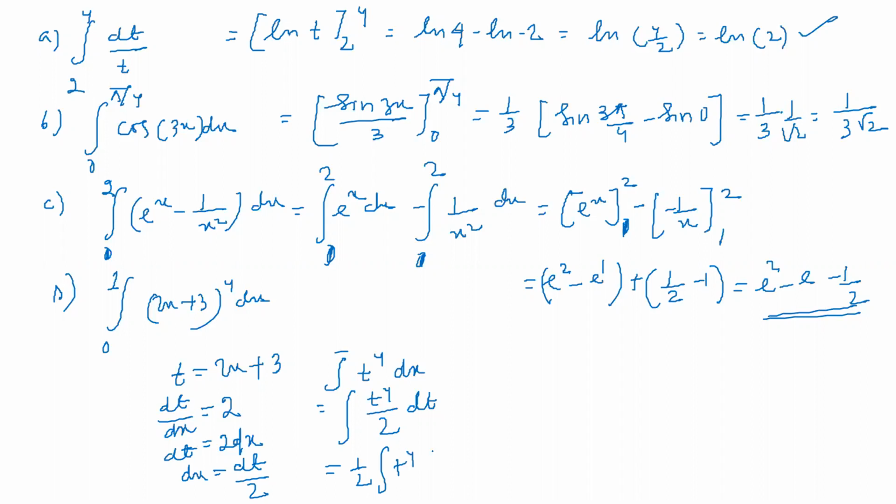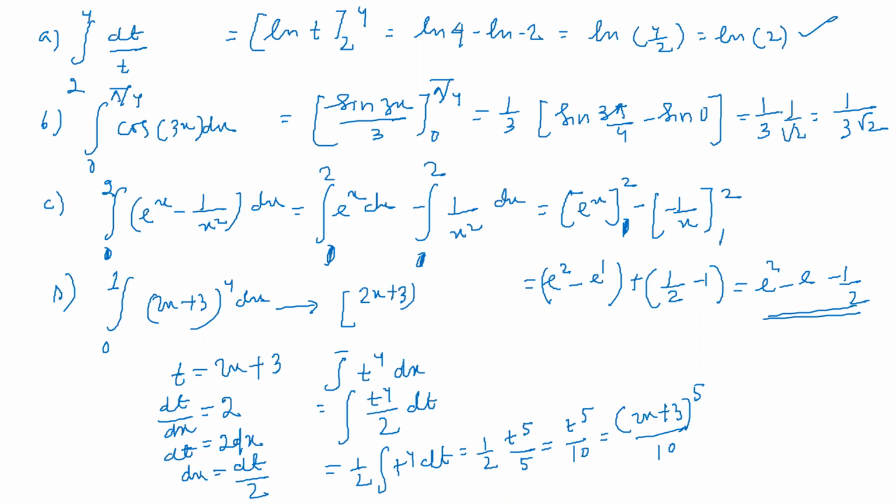Integration of t to the 4 dt: half into t to the 5 by 5, that is t to the 5 by 10. In place of t, I will put 2x plus 3. So the integration of this will be 2x plus 3 to the power 5 divided by 10, and the limit will be 0 to 1.